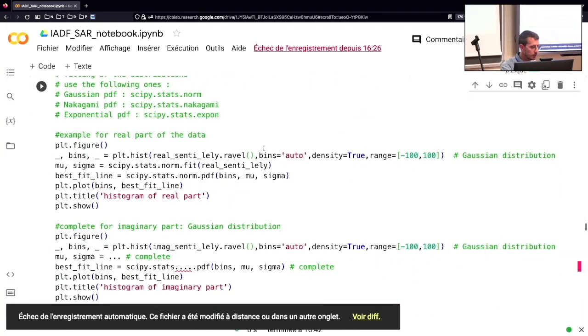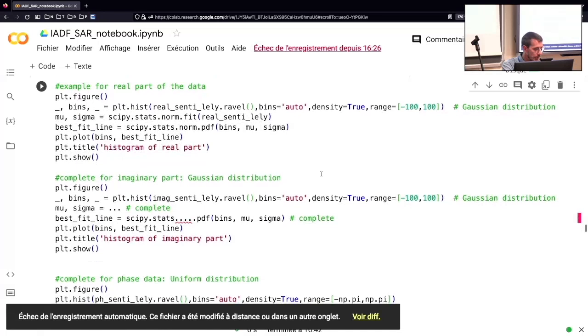So here you have an example on how to fit a theoretical distribution on an empirical histogram, and it is done for the real part, whose distribution is Gaussian. So we're going to do the same for all the other quantities, and we will use the appropriate distribution each time.